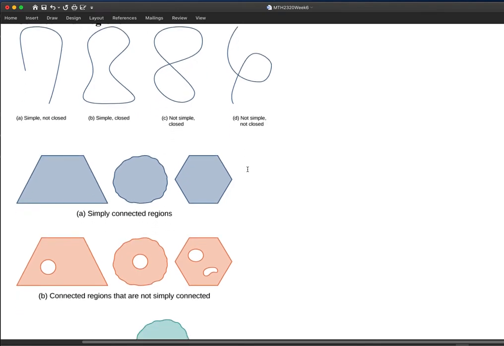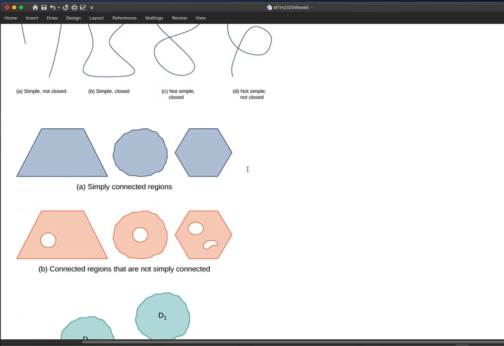And then also in terms of regions, we do have the concept of simply connected regions. The first three are simply connected regions. And in part B, these are connected regions, but they are not simply connected. You see, somewhere in the middle of the region, there's an empty part. And in this case, there are two empty parts.